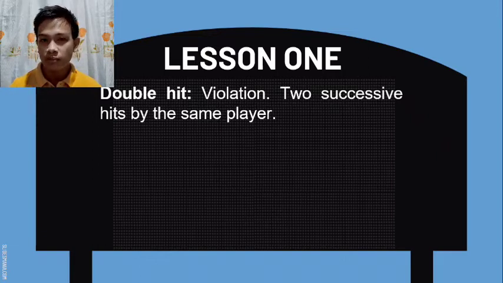Pero pag nag-attack yung kalaban and nag-block ka, you can still do the first touch. Pwede yun. So, alam yan ng ibang mahilig sa volleyball. But yan, example lang siya. But for 1, 2, 3, hindi pwede yung consecutive touches na manggagaling sa isang player.